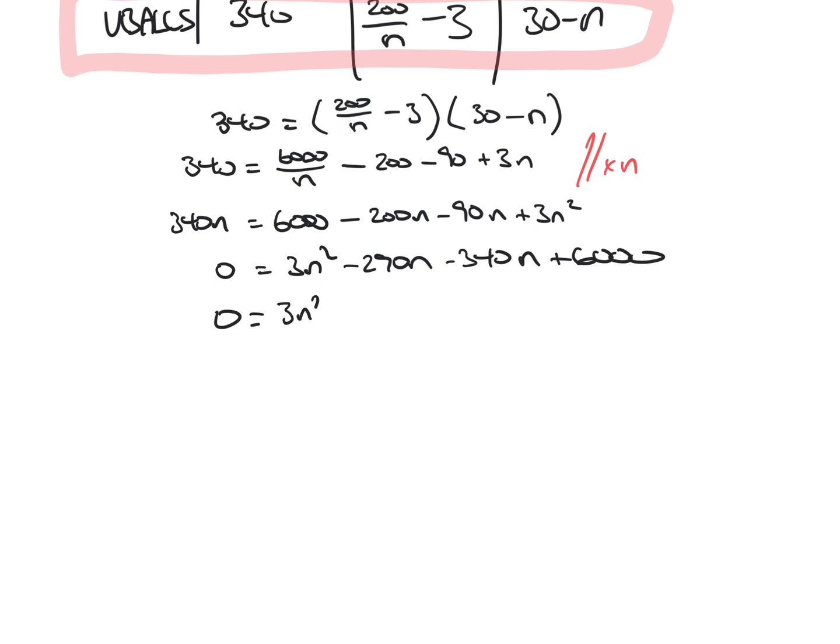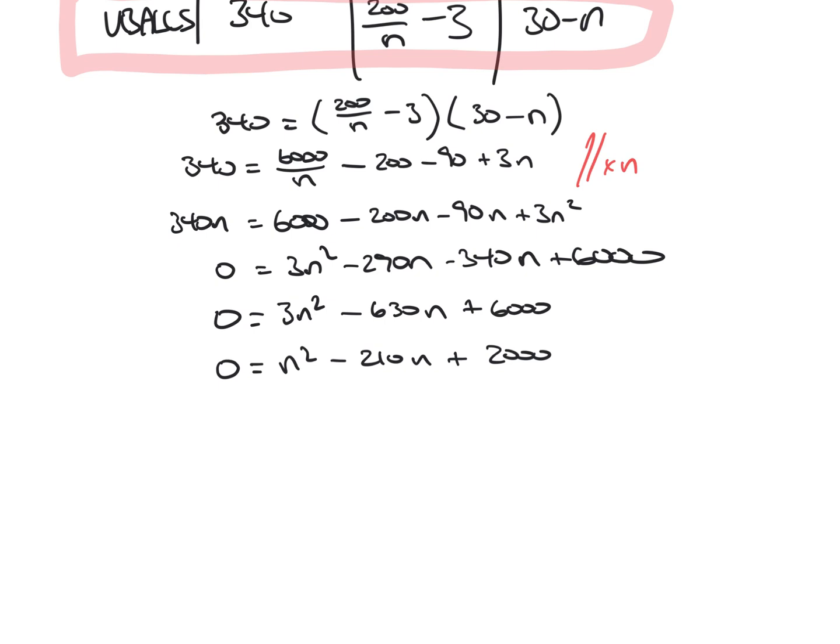So 3N squared minus 630N plus 6,000. Everything here is divisible by 3. So it's N squared minus 210N plus 2,000. Do I like that? I think I do.